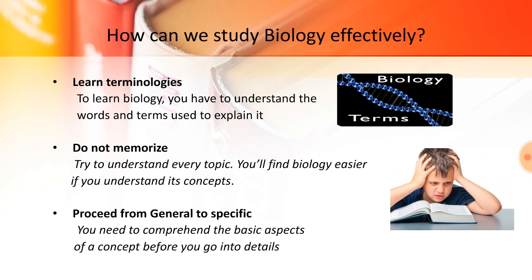But if you know that pollination means this, and then after that you move on to types of pollination, what is xenogamy, orthogamy, etc., you will be able to understand topics more clearly. So you need to comprehend the basic aspects of a concept before you go into details.